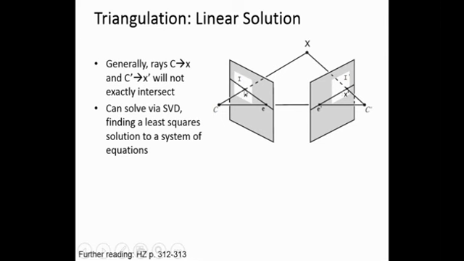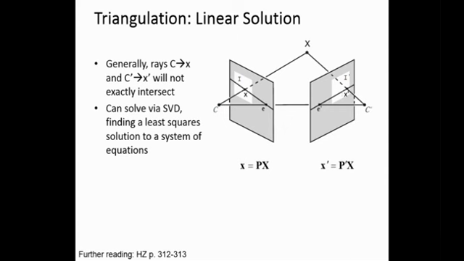And then in this image, P prime times X should be approximately equal to x prime. So given the projection matrices of each of your cameras, you've got a pair of constraints that say that the 3D point should project close to the 2D coordinate where you observe it.